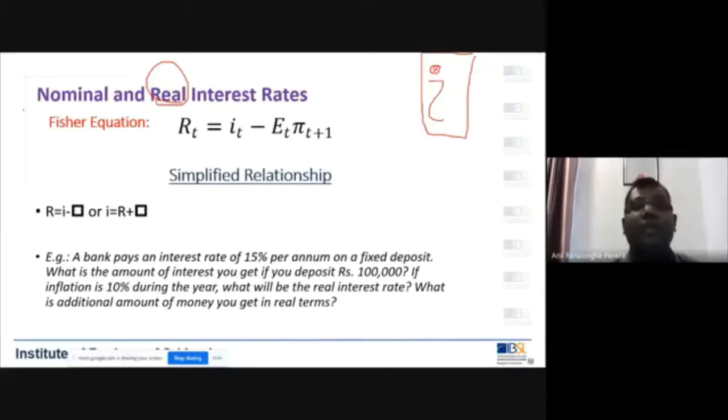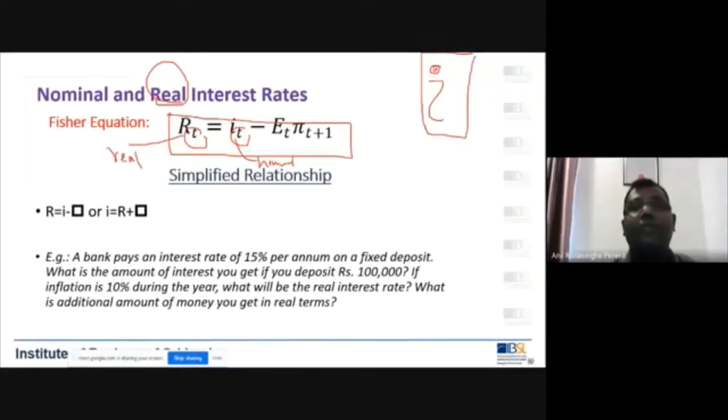So how do you define the relationship between these two rates? For that matter, we use the Fisher equation. In this Fisher equation, r means the real rate, and i means the nominal interest rate. Both are at time t, the current time. So real interest rate at time t, nominal interest rate at time t.